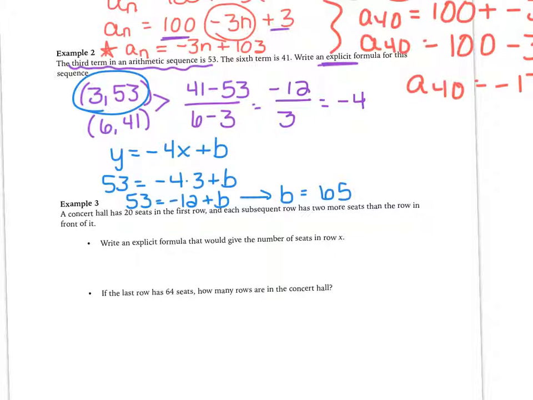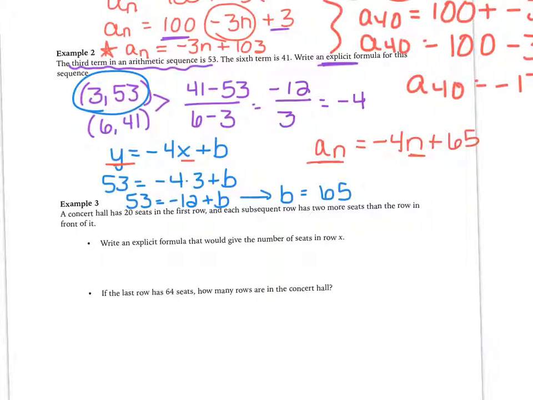So now I can write my formula as y equals, or I should use explicit formula terminology: term n is equal to negative 4n plus 65. All I did is instead of using y and x, I used n and a sub n. If you had written that with y and x, that would have been okay too. But now this formula is going to give me any term in this sequence.